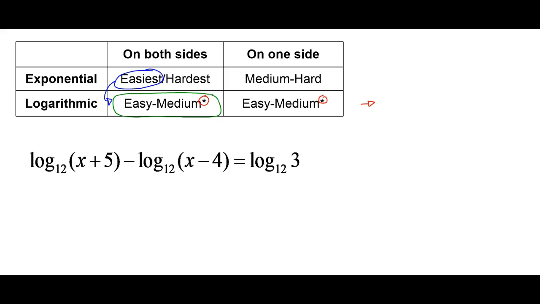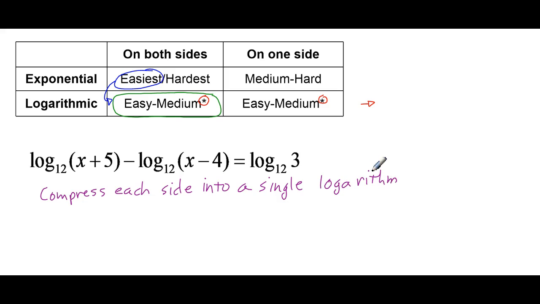The first step of logarithm equations like this is to compress both sides into a single logarithm. So for us, the right-hand side is already a single logarithm. It's the left-hand side that needs some work. On the left-hand side here, I have a logarithm minus another logarithm.